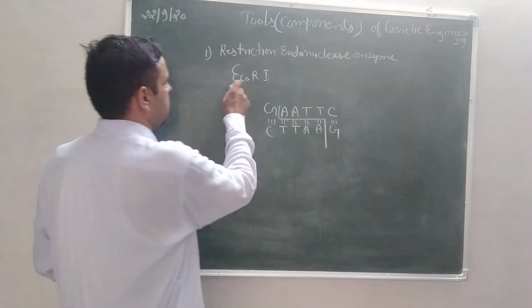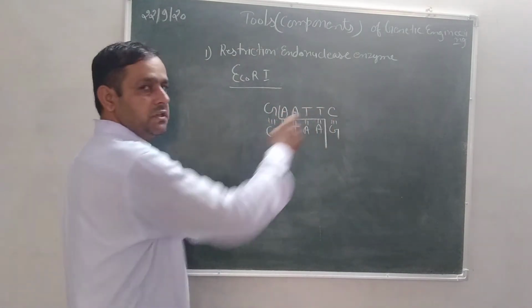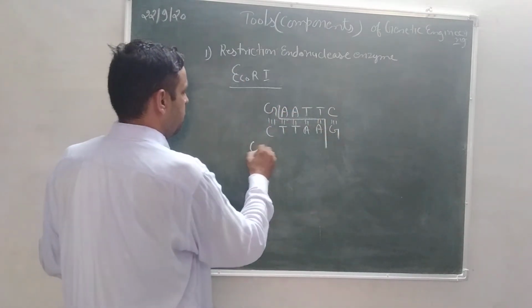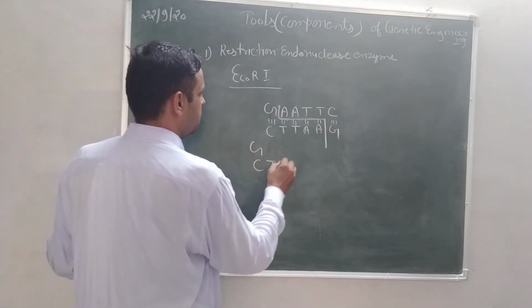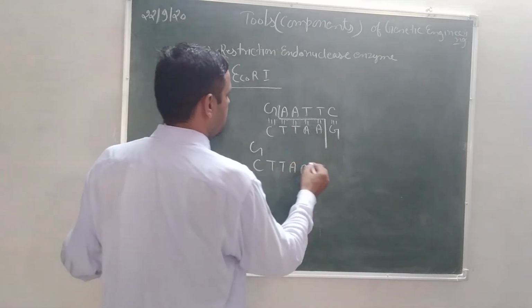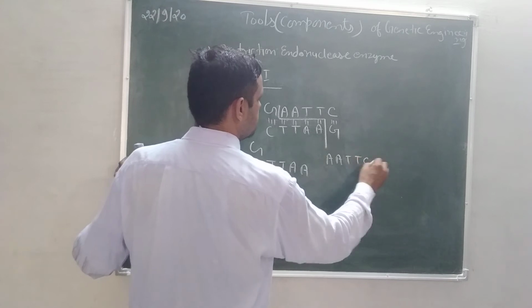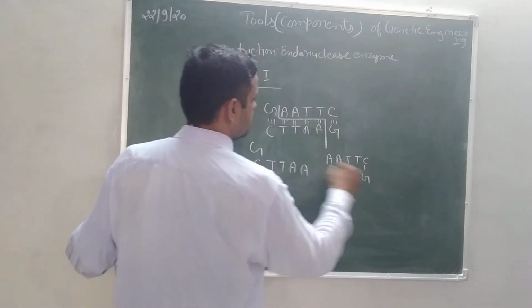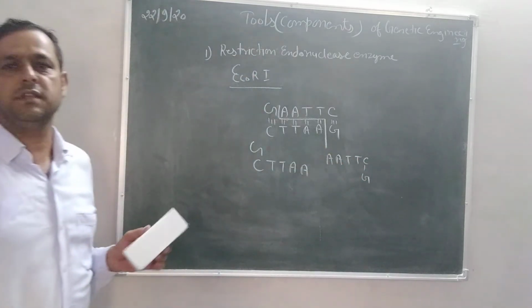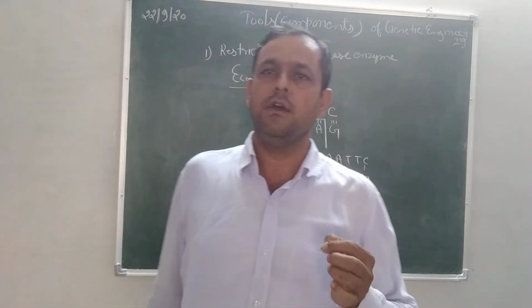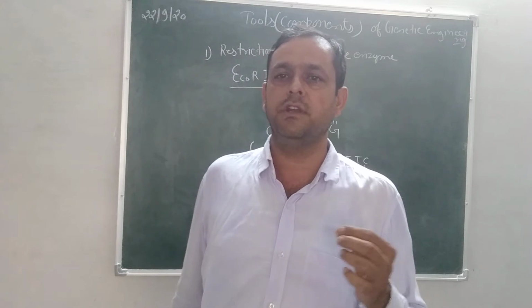So the sequence of this DNA is cut from here. So we have the series GCTTAA or AATTCG. These are the two sequences, meaning the endonuclease enzyme cuts any DNA at their hydrogen bond.